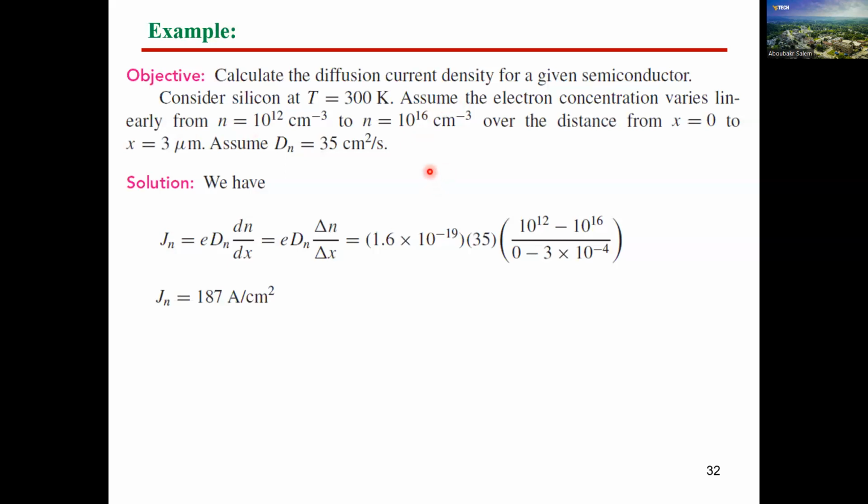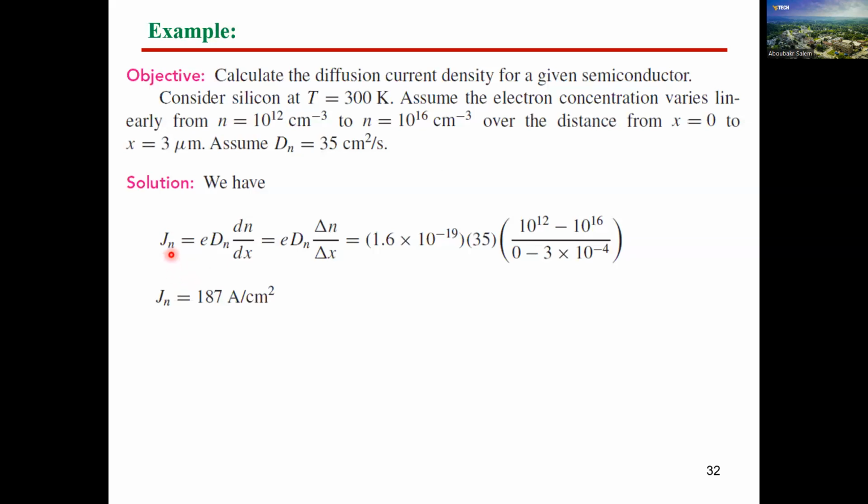So this is the diffusion we have here in this part. Over the distance from x equals 0 to 3 micrometers, assume that Dn equals 35 centimeters squared per second. So we need now, guys, to calculate the current density. So it's direct substitution in the relation. So here, this is our material, and this is the n material.